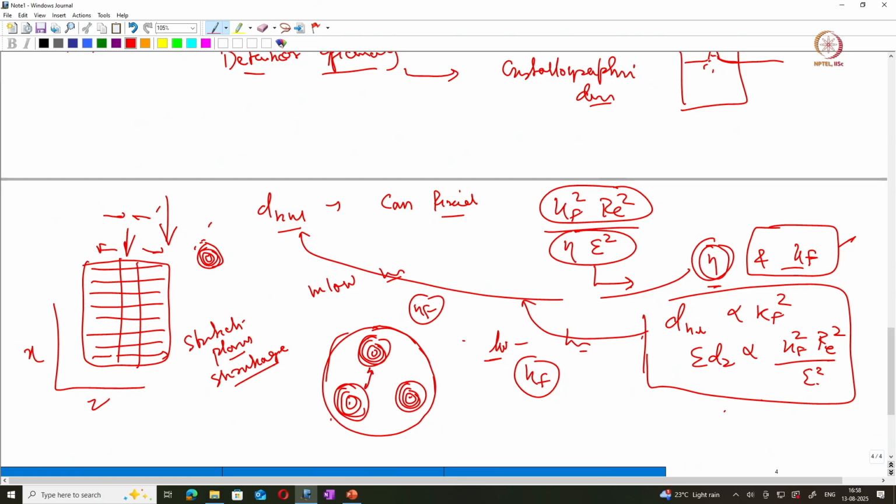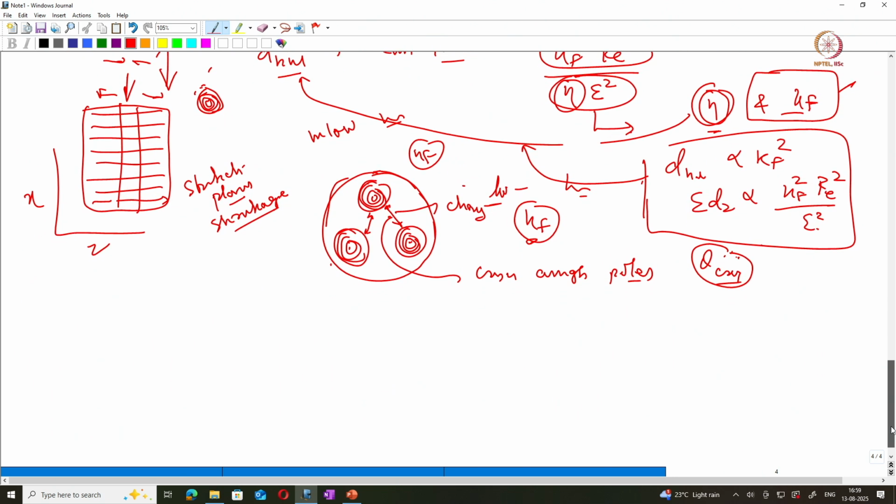So the distance between these two poles can change, and this distance between the two poles is nothing but the crystallographic angle between the poles, correct? That crystallographic angle cannot change, so it is measured by the cos theta. Based on this cos theta value, you can calibrate your KF value. Once the KF value is calibrated, you can make the d_hkl the same and calculate the detector efficiency. So this is the way we can estimate the detection efficiency of an atom probe.